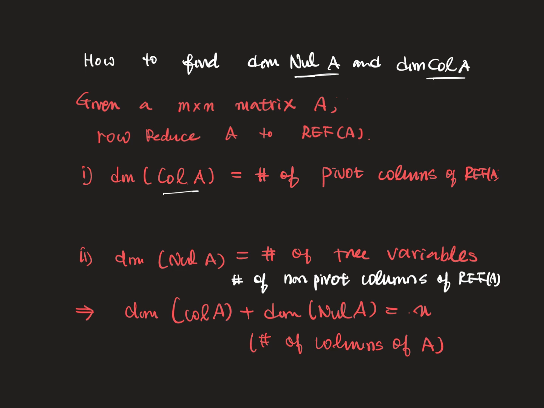Then, of course, the dimension of null space is the number of free variables. Another way to say it is the number of non-pivot columns of the REF. So the dimension of column space and the dimension of null space added together is the number of columns of A. Okay, that's how you find the dimension of column space and null space.